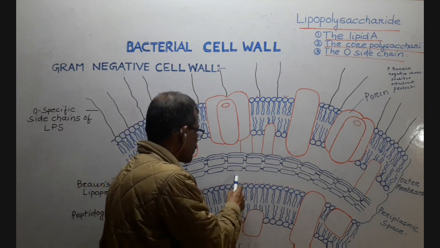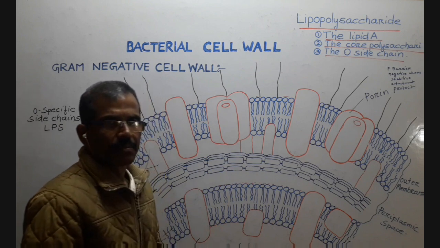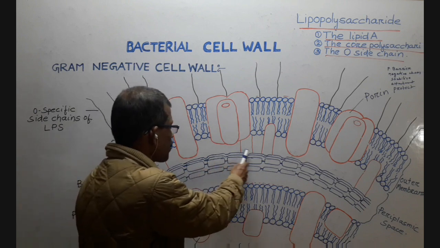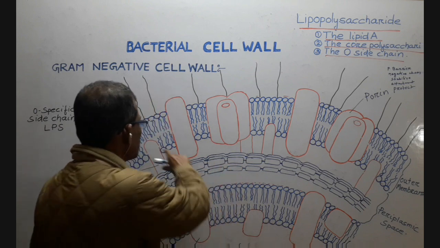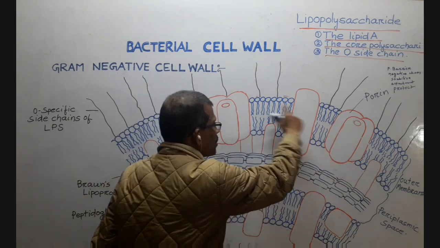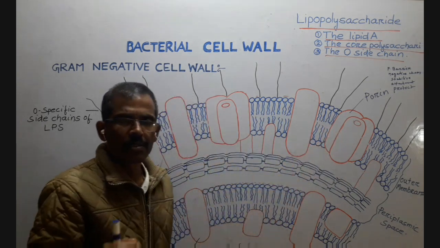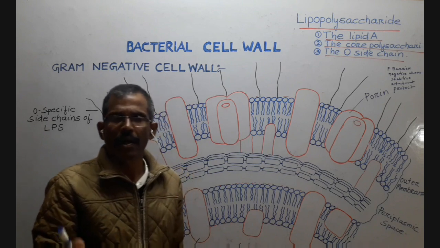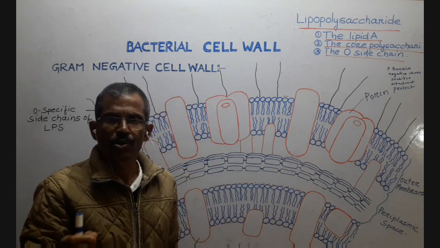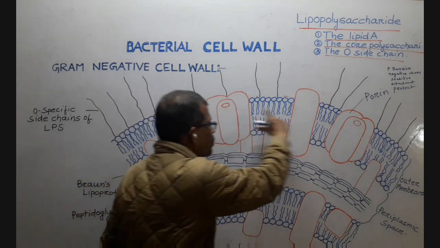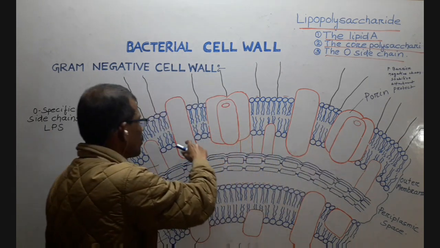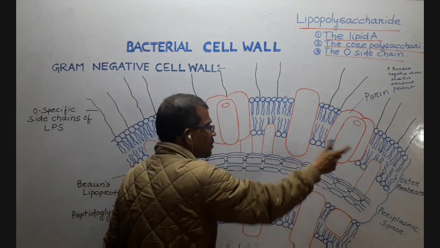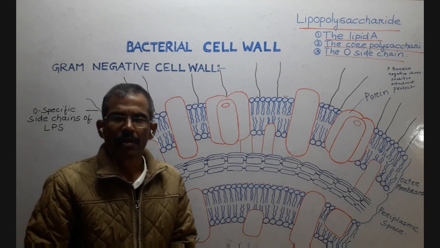This space is filled with periplasm. Outside the periplasmic space is the outer membrane, which is structurally similar to the plasma membrane and is composed of a phospholipid bilayer in which various protein molecules are embedded.